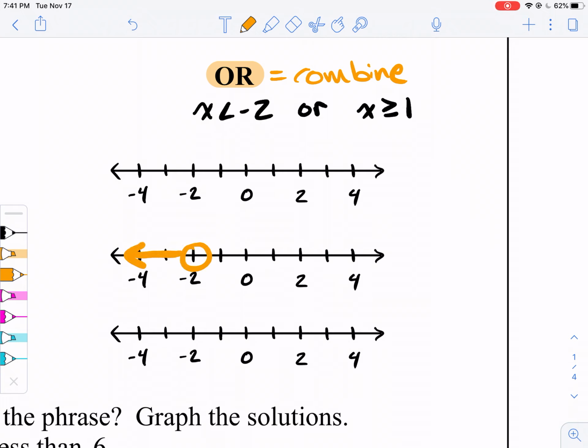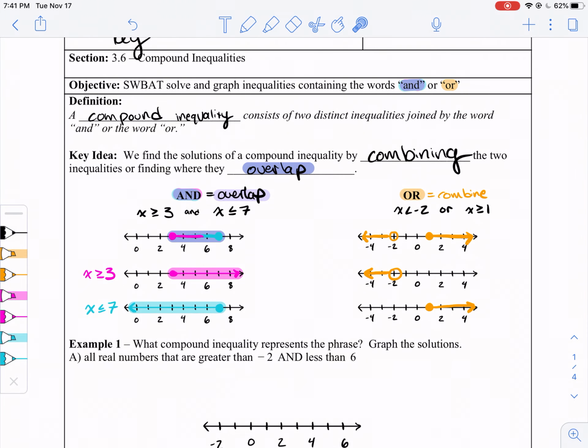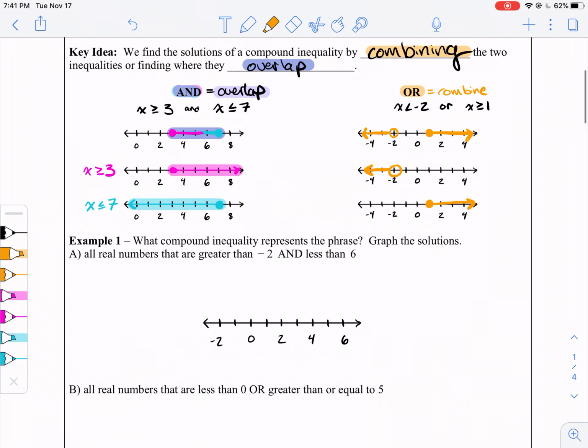And if you have x is greater than or equal to 1, that's this guy right here. And you put them together on the same line. There's no overlap here because they don't happen at the same time. So "or" is a combination, not an overlap. So when you hear "and," think overlap. When you hear "or," think combine. Cool?